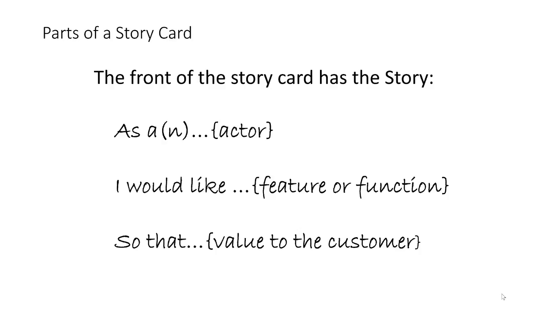Because that's really what you're striving for, is to look at what's the real outcome you want to receive out of doing this piece of work. You don't want to just do work for work's sake. You want to be targeting an outcome so that you're actually going to meet the customer's needs.